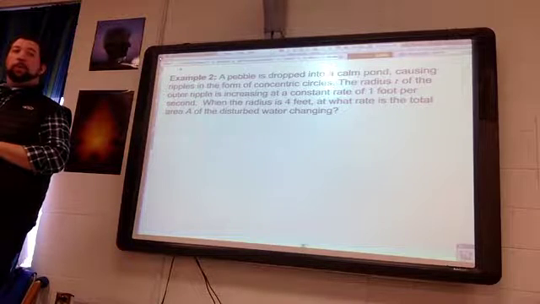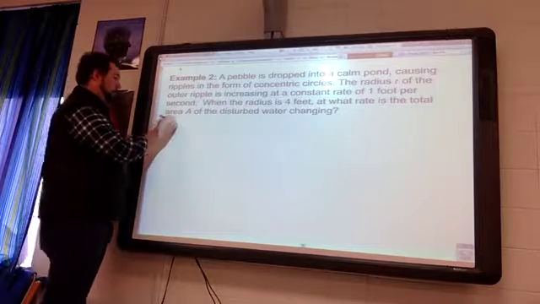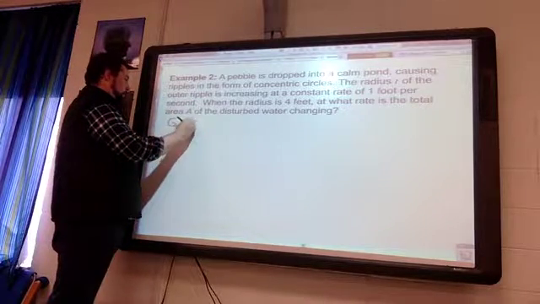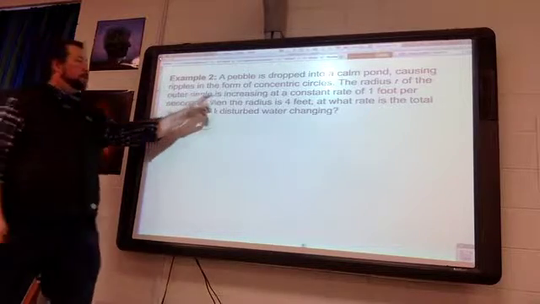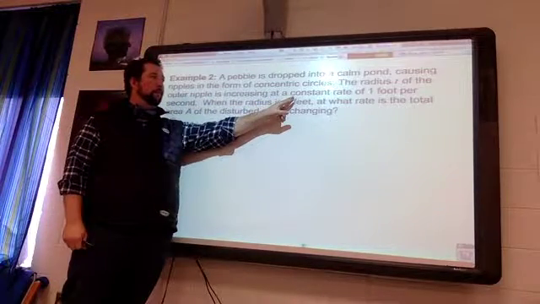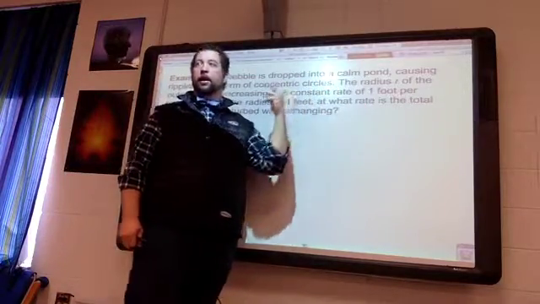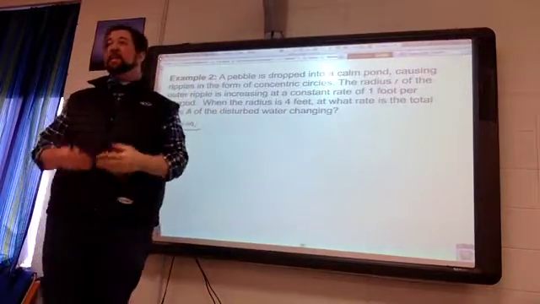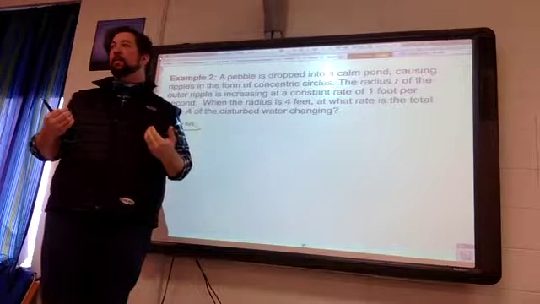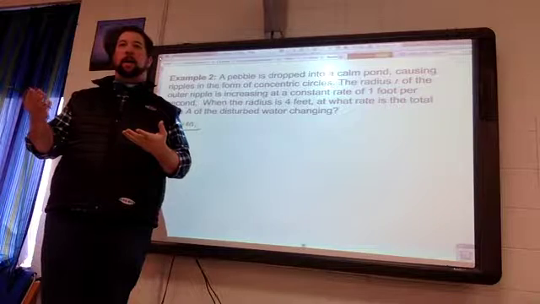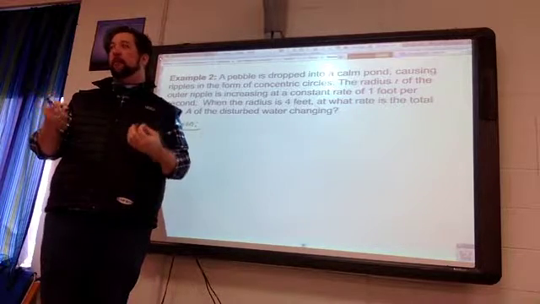All right, so let's figure out what's given to us. The first thing that's given to us is the outer ripple is increasing at 1 foot per second. Or in other words, the radius is changing at 1 foot per second. Is it increasing or decreasing? Increasing, so that would be positive. You'll see some on the Khan Academy where it says something's decreasing, and it's going to be negative.